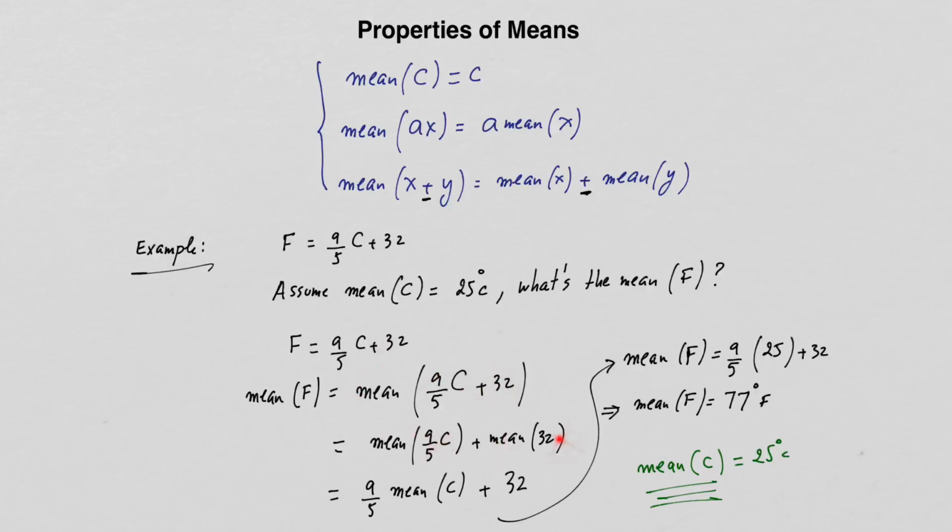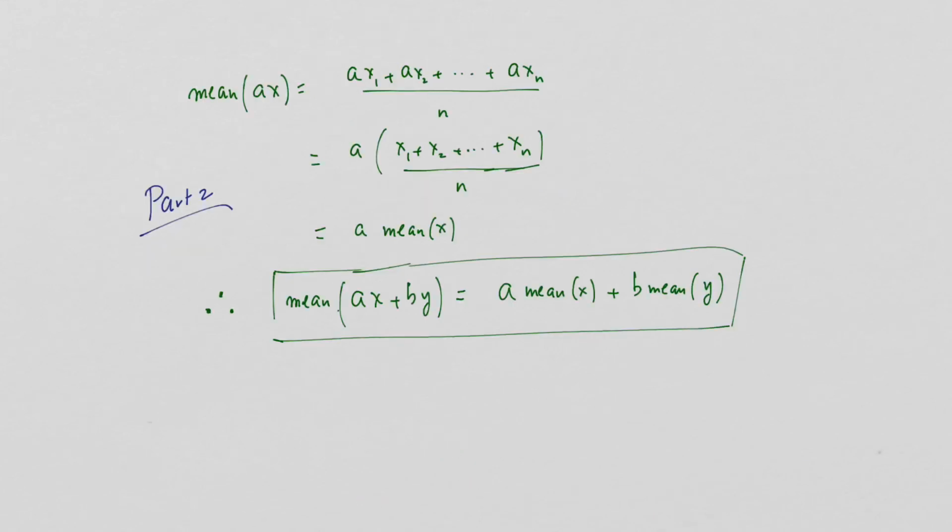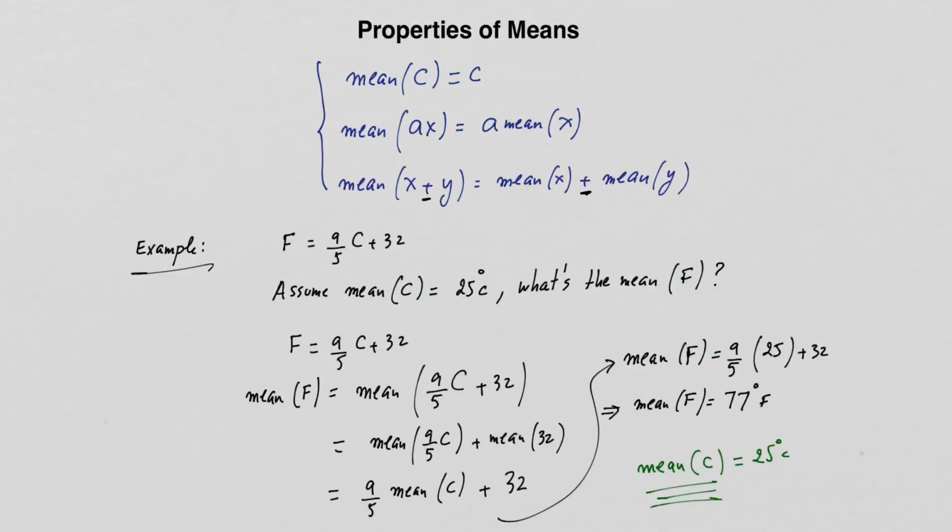We know the mean of a constant times C, where C is your variable, okay? C is your temperature in Celsius. The mean of a constant times C is the constant times the mean of C. That is part 2.